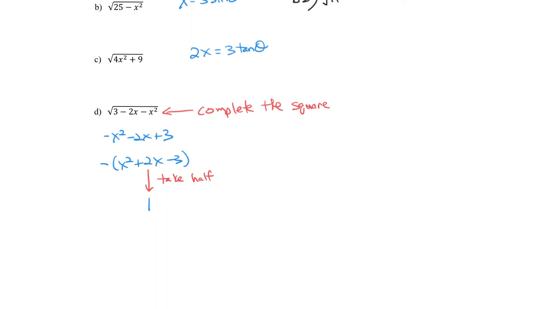And then whatever that thing is, you square it. So I square the 1, I still get a 1. Okay, then what I'm going to have to do is add that back in up here. Okay, got to add it back in. So I'm going to add this back in, but at the same time, I'm going to have to subtract it because I can't change this.